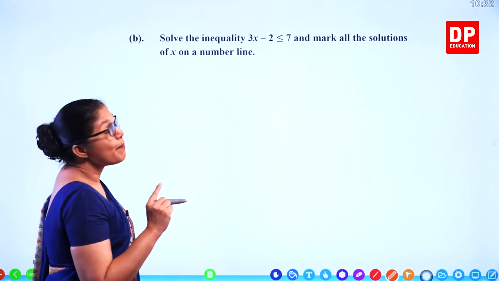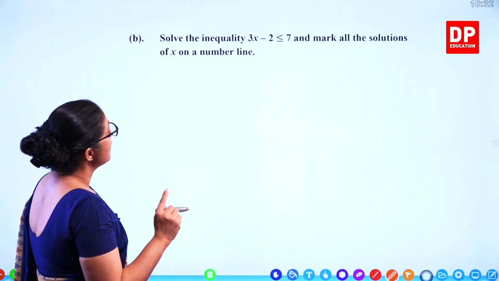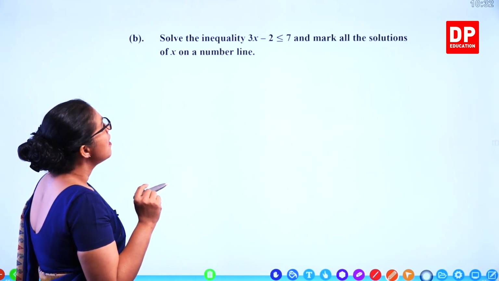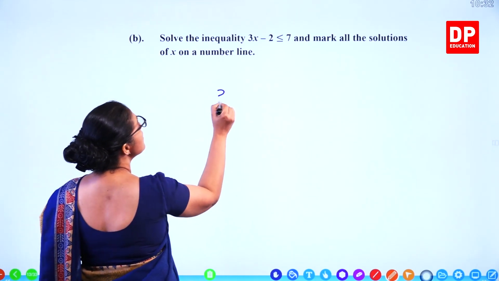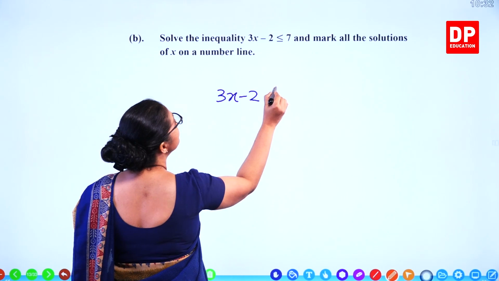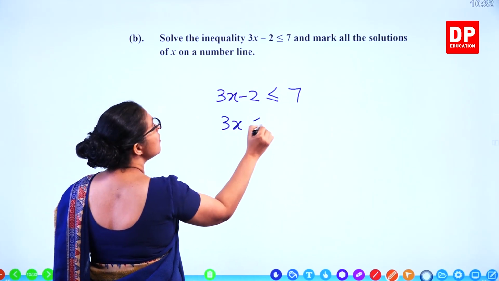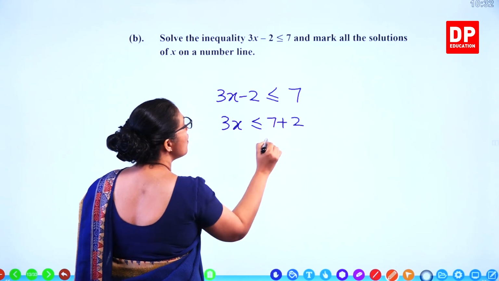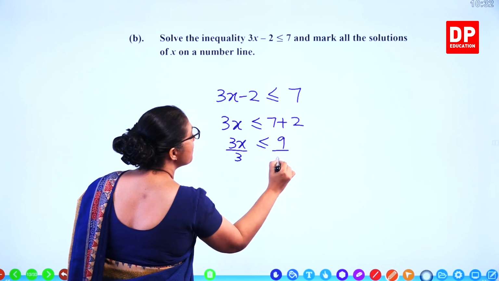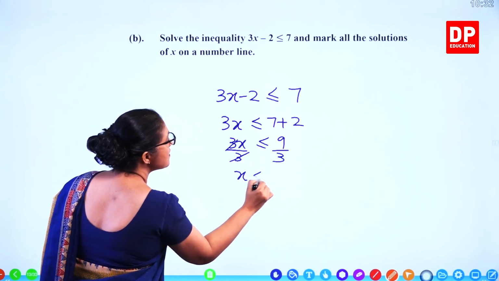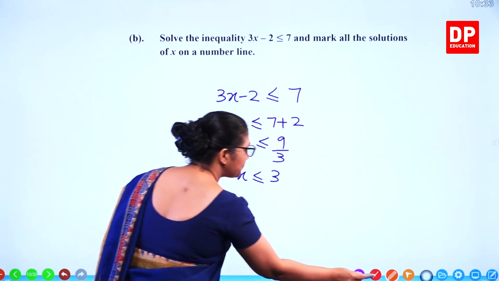Now this is about inequalities. So you have to first solve it and then mark all the solutions on the number line. So we'll first solve it. Take minus 2 to the other side. You get 7 plus 2, that's 9. Divide this by 3. You get x is less than or equal to 3. So how do you draw the number line?